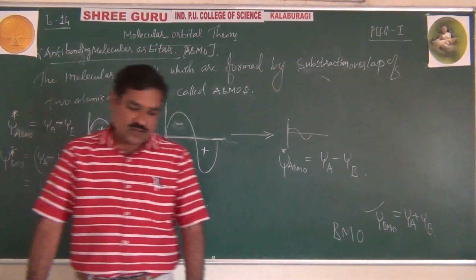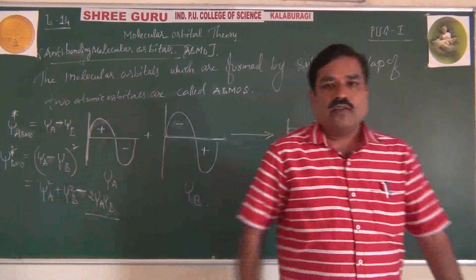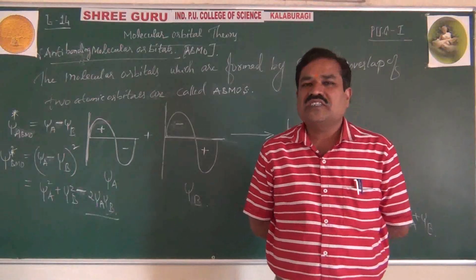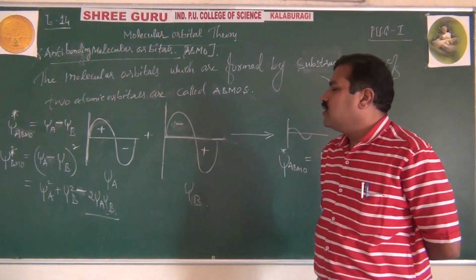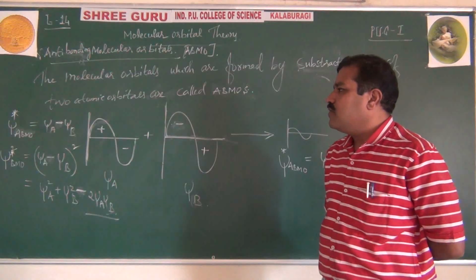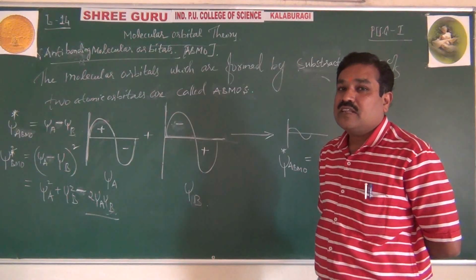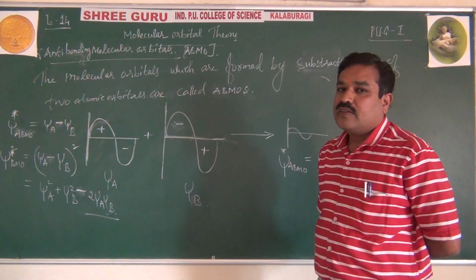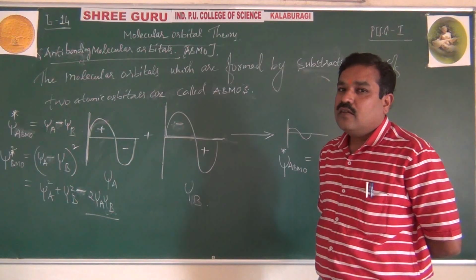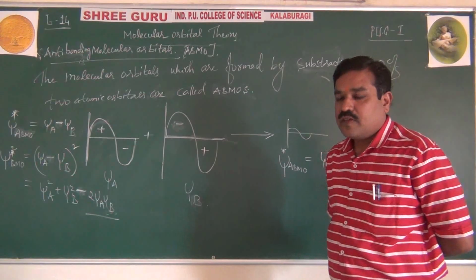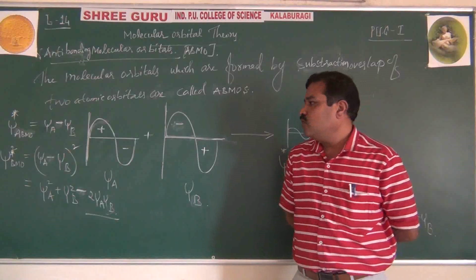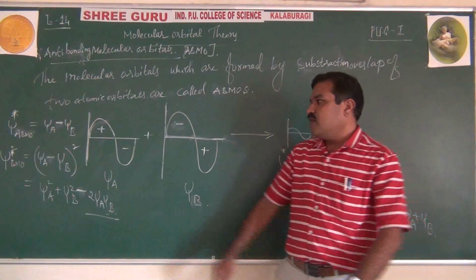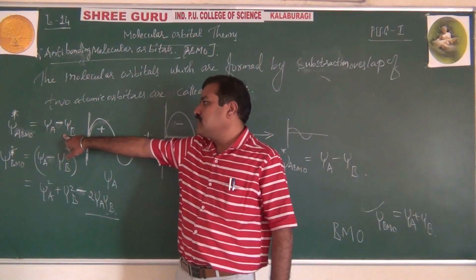Antibonding molecular orbitals are the orbitals formed by subtraction overlap of two wave functions or two atomic orbitals. In antibonding molecular orbitals, there is a force of repulsion between nuclei, therefore they will not become homogeneous, they will split and divide. That's why they compulsorily have a node, but bonding ones do not. The wave function of the antibonding is psi star ABMO.